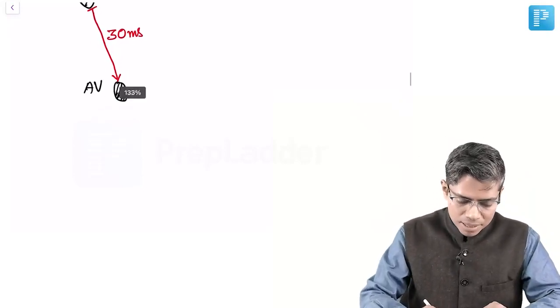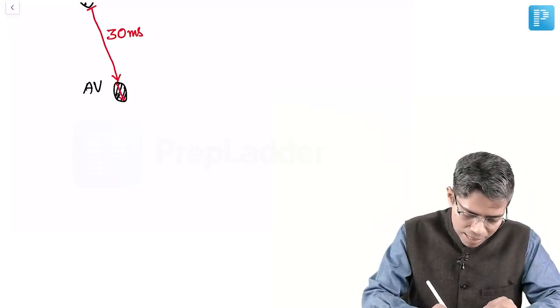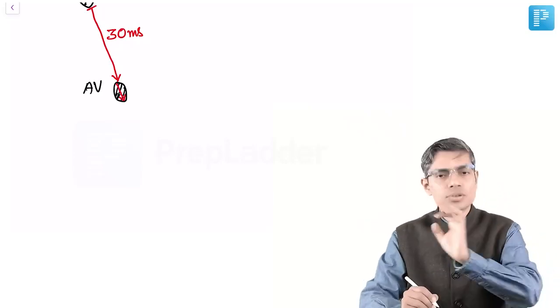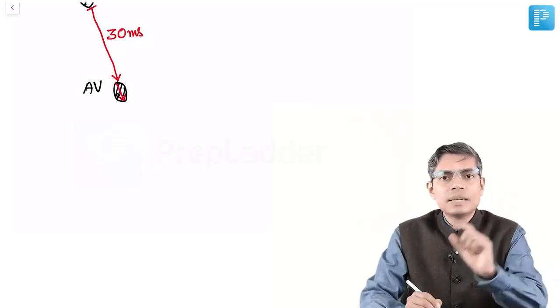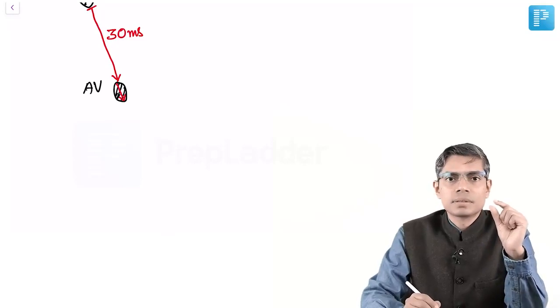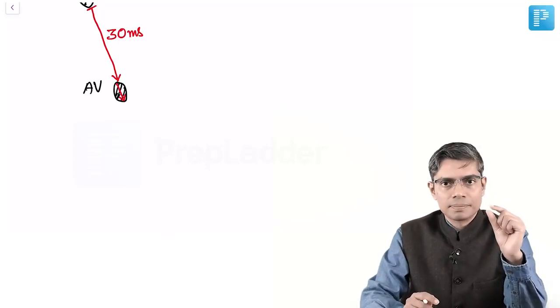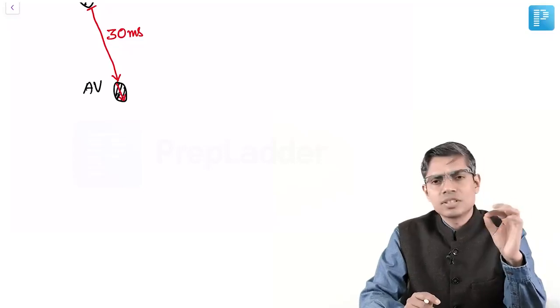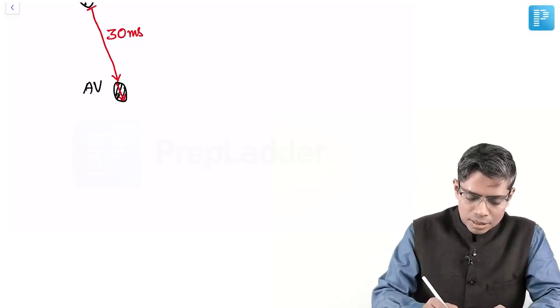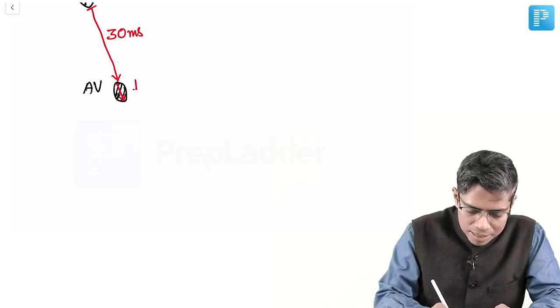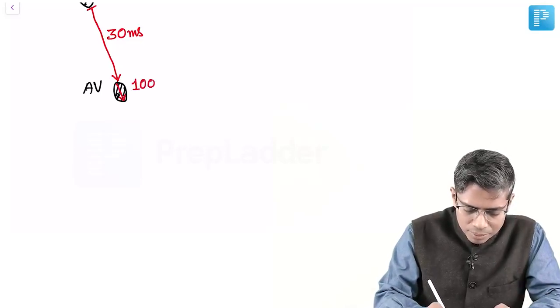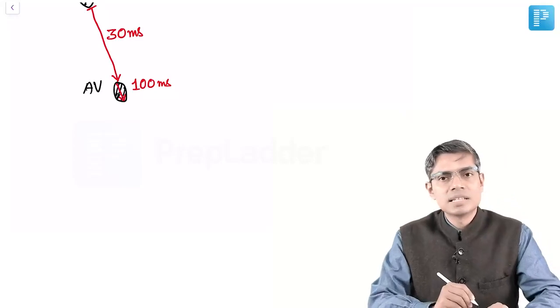Then the impulse has to travel through the AV node. The AV node length is only 5 millimeters, but the conduction through this small length is very, very slow, because of which there will be a long time interval at the level of the AV node, and that is 100 milliseconds.